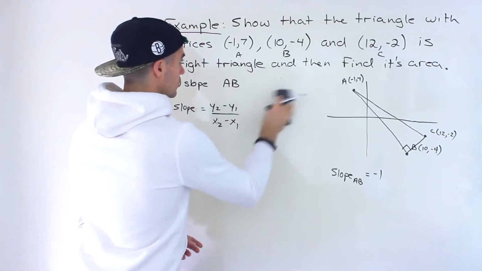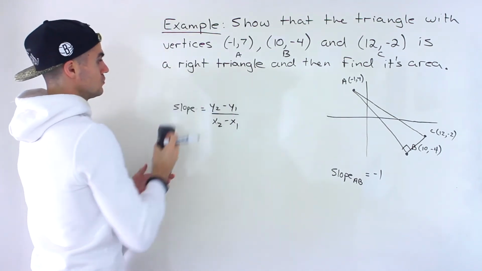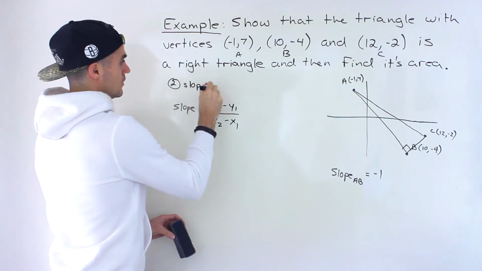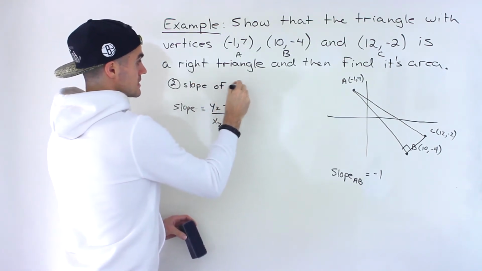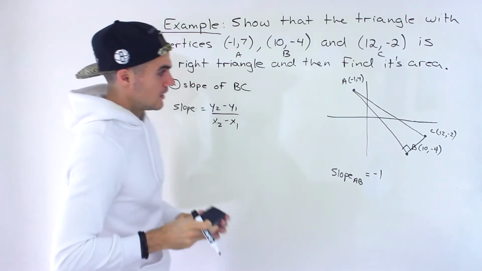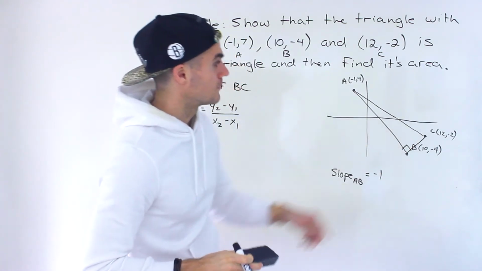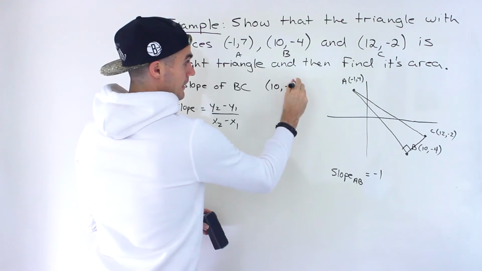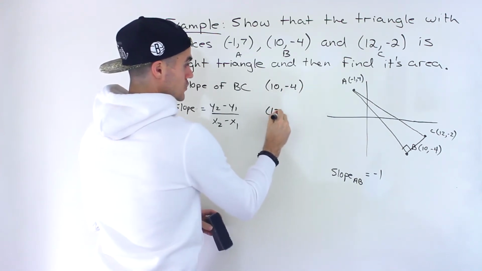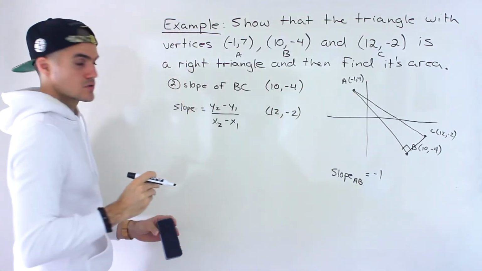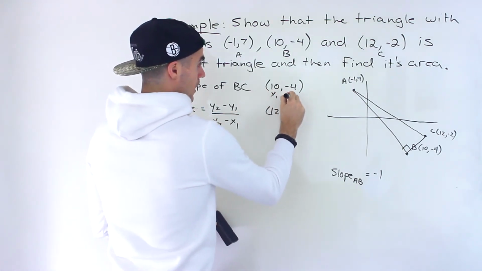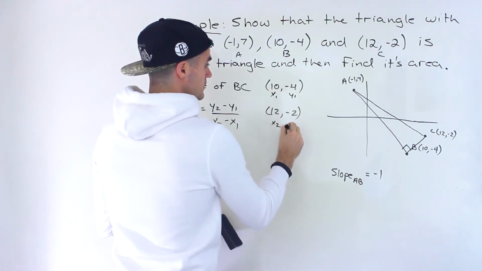Let's find the slope. So step 2 is going to be finding the slope of BC, right, of this line over here. And so the 2 points we're going to work with is the B point, which is (10, -4), and then (12, -2). So following the exact same steps, we'll have x1, y1, and x2, y2.